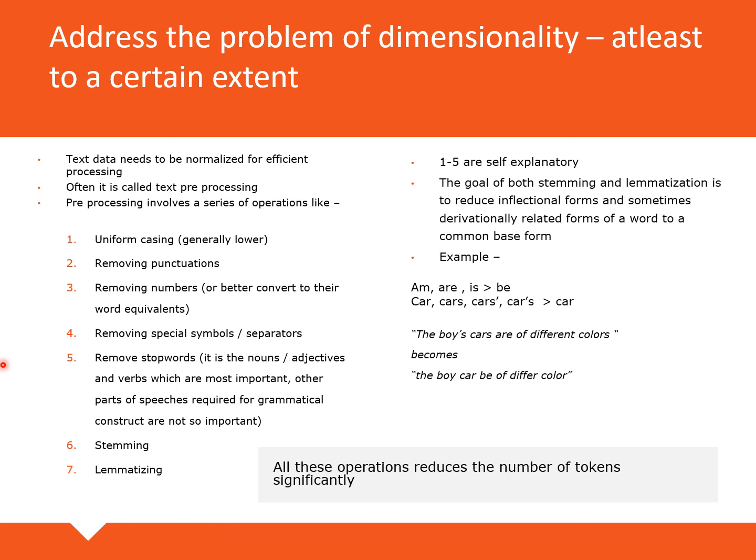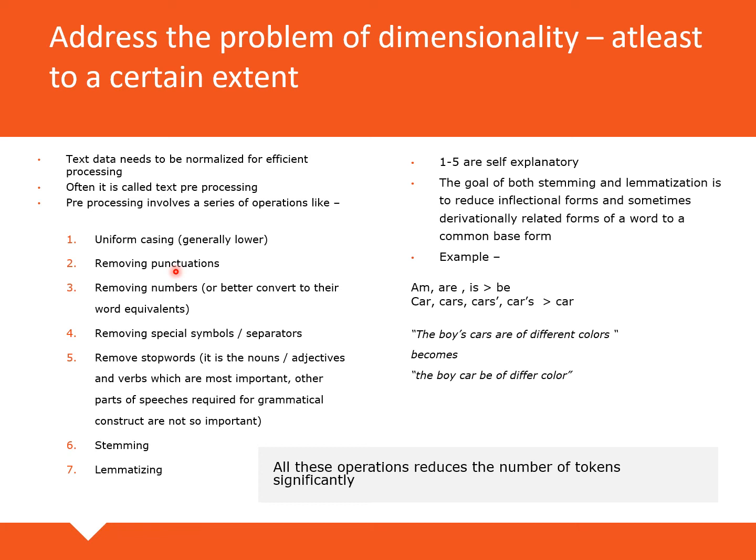Some of them are like no-brainers, and hence they are almost always done before you deal with any text data. So first one is called uniform casing, which is, if you have the same word in uppercase and lowercase, you do a uniform casing just to drive home the point that they are the same word and not different words. Punctuations, you remove punctuations because when you do tokenization, you will break up the entire text data into its most granular meaningful component, and most granular meaningful components are words, right?